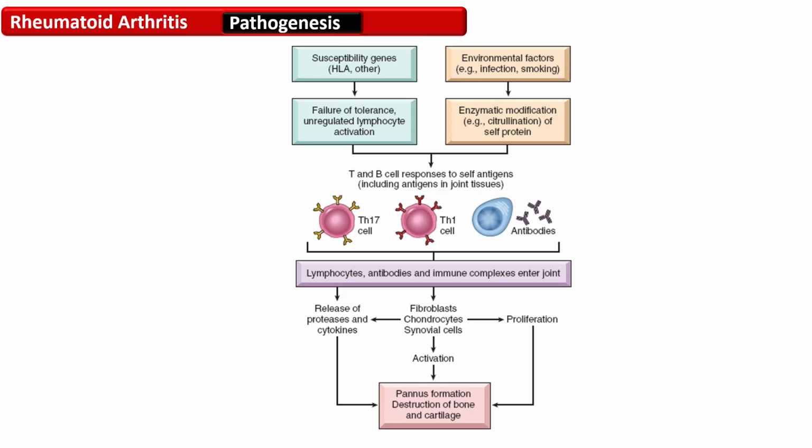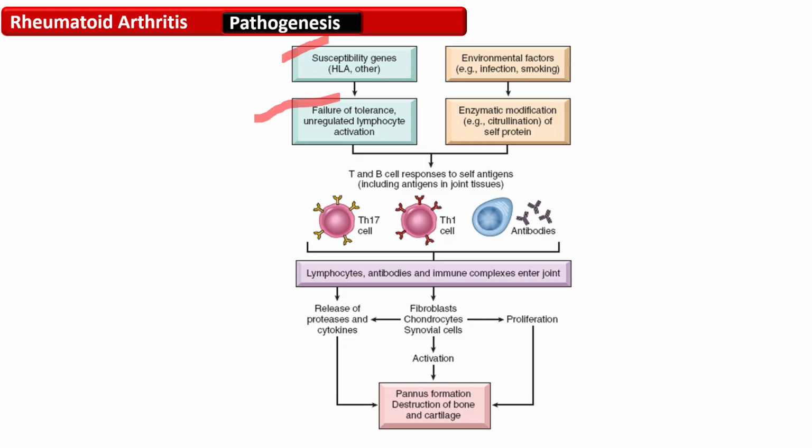This illustration from Robbins is describing the events that we just discussed. It is showing that when a susceptible host is exposed to an arthritogenic antigen, there is failure of tolerance and initiation of the events.